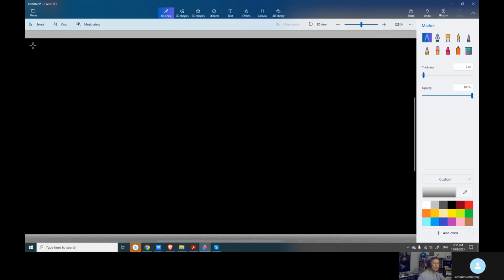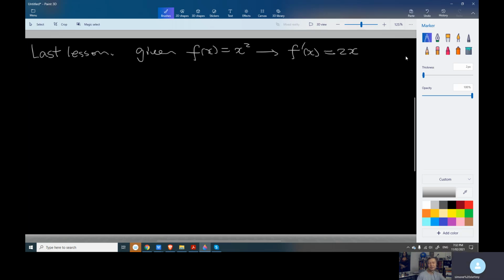Last lesson, we proved that given f(x) equal to x squared, the first derivative of this function equals 2x. Do you remember? Sometimes you can take some notes, and if you take notes you will accumulate these things. So this is the formula, right?